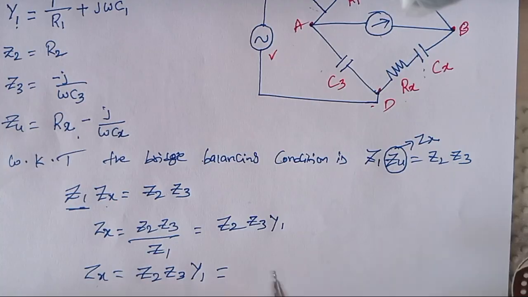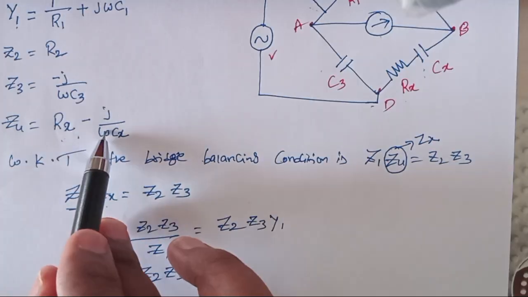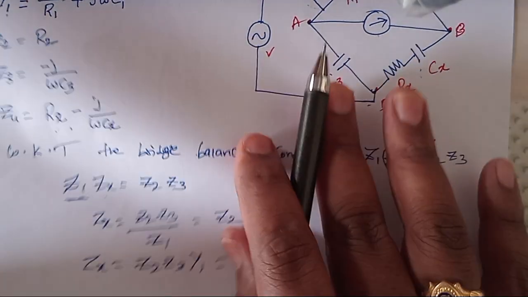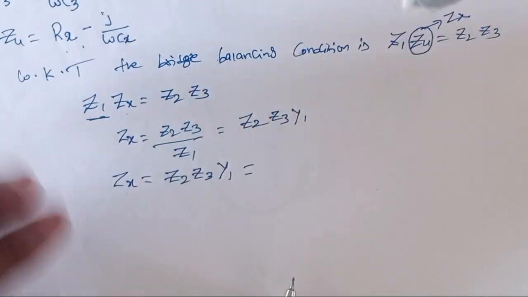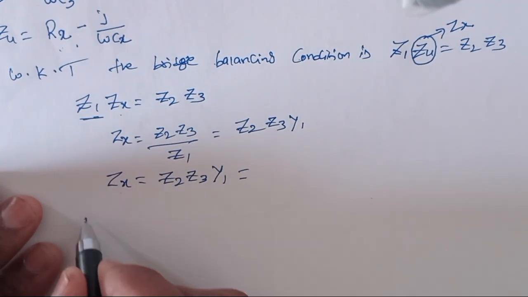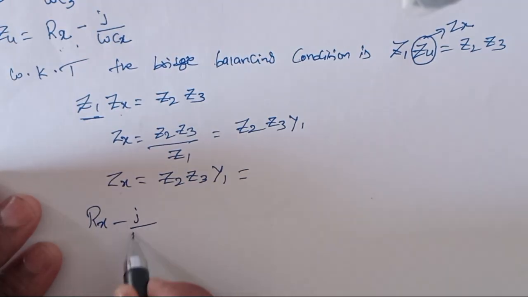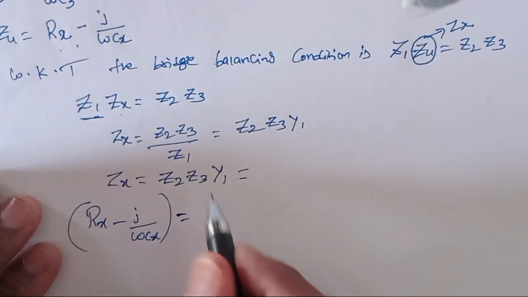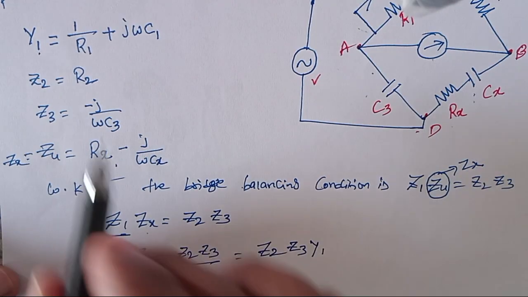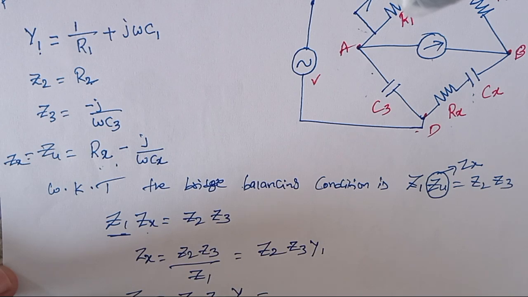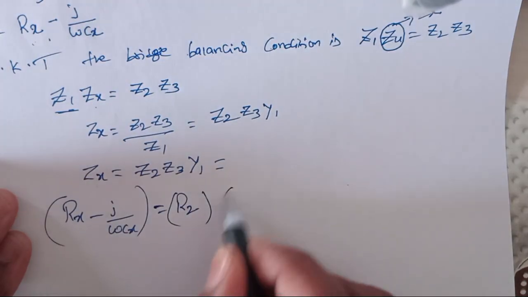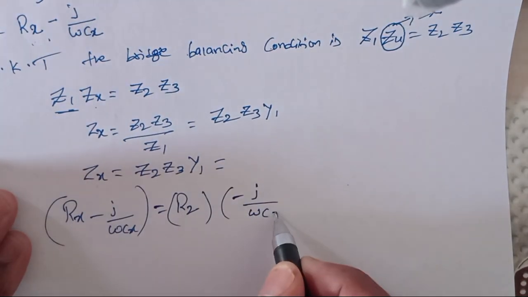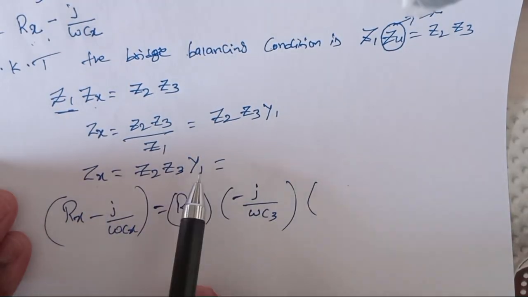So Rx minus j by omega Cx equal to Z2 means R2, Z3 means minus j by omega C3, into Y1 means 1 by R1 plus j omega C1.